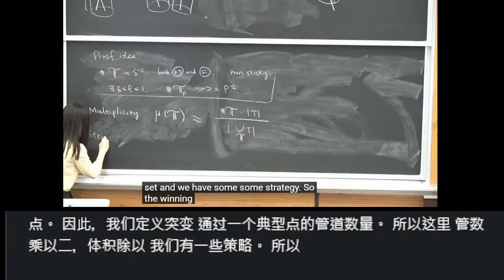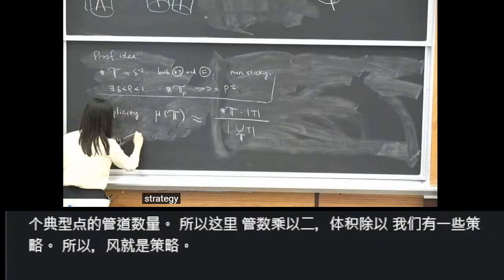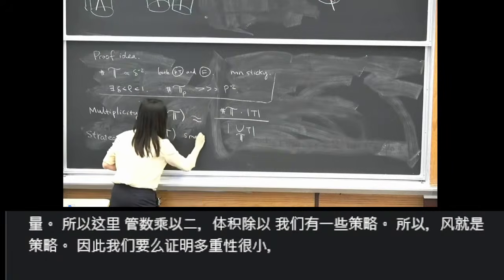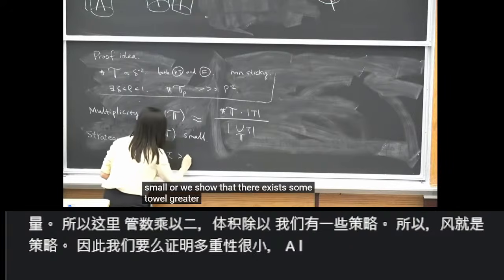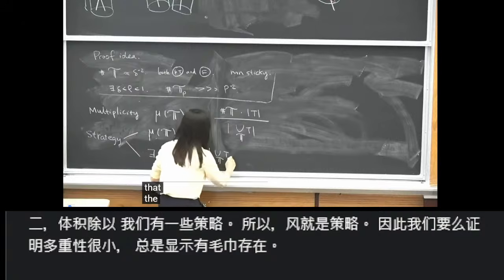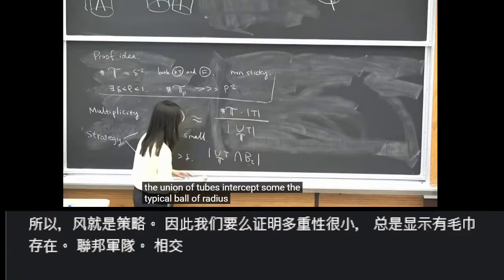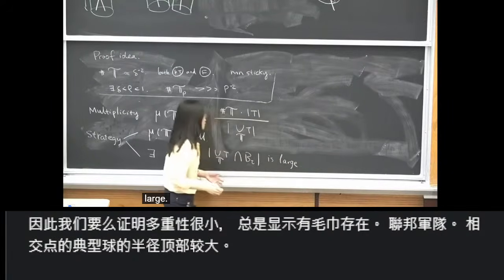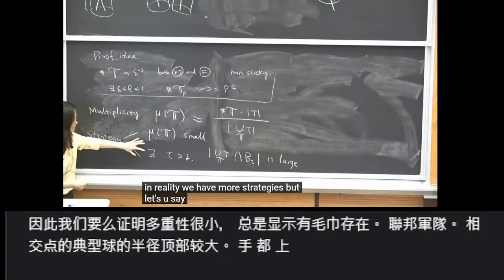So the winning strategy: either we show that the multiplicity is small, or we show that there exists some tau greater than delta such that the union of tubes intersecting a typical ball of radius tau is large. So those are two strategies. In reality, we have more strategies, but let's say we focus on these two.